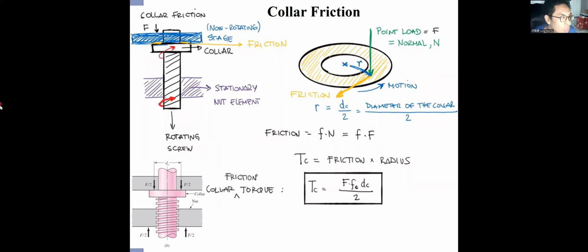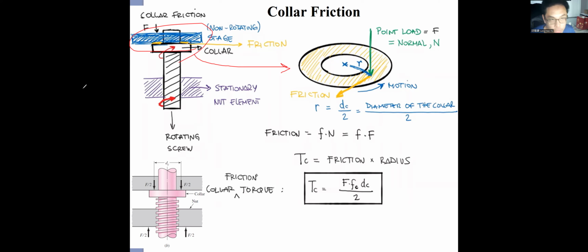If we look into this interface between the collar and the non-rotating stage, this yellow region defines the contact area between the collar and the non-rotating stage.